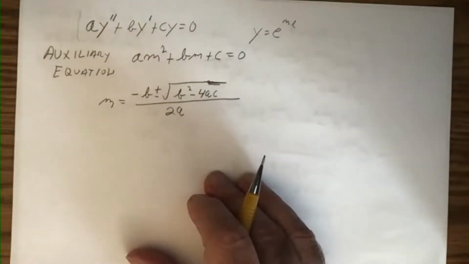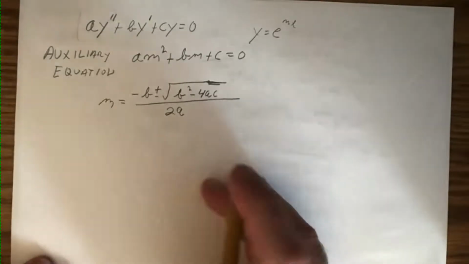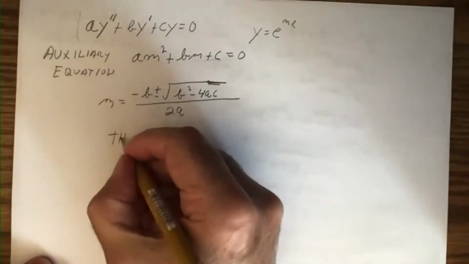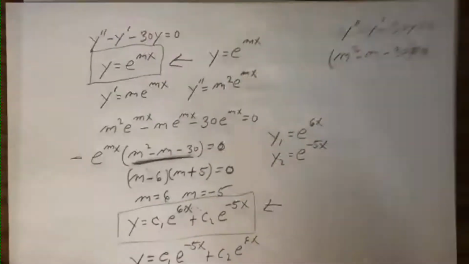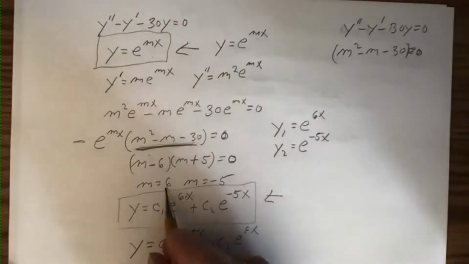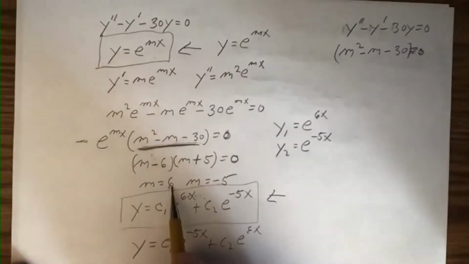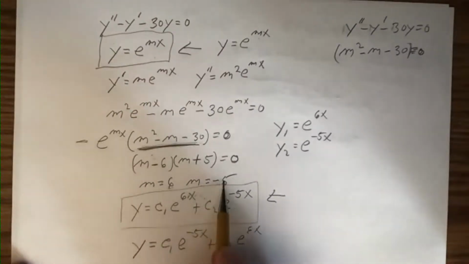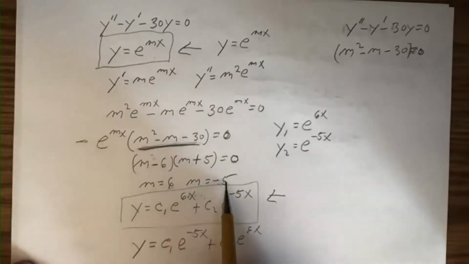Now we need to understand that there are three different cases that we're going to come up against. It was nice that in this problem we had 2 distinct roots, 6 and minus 5. But what do we do if I have 6 and 6?